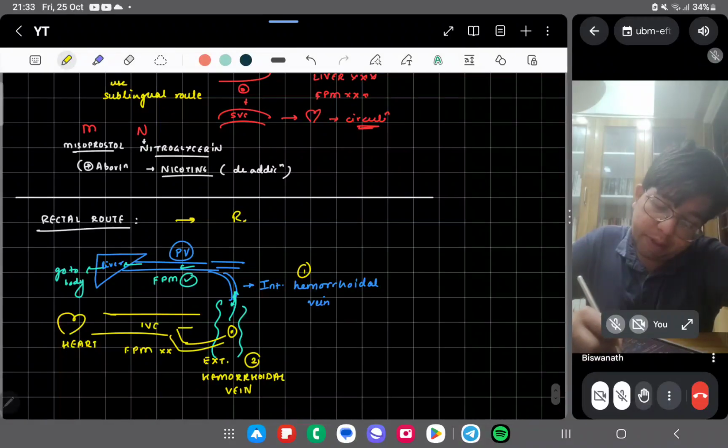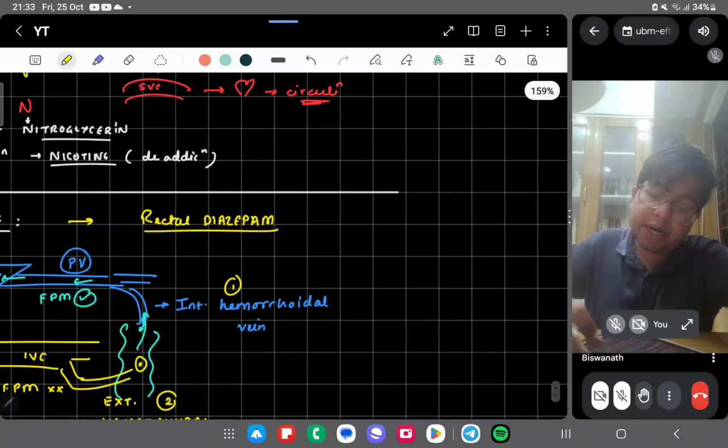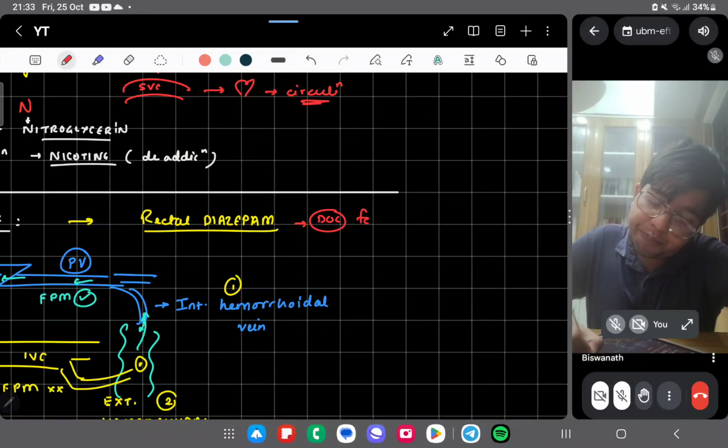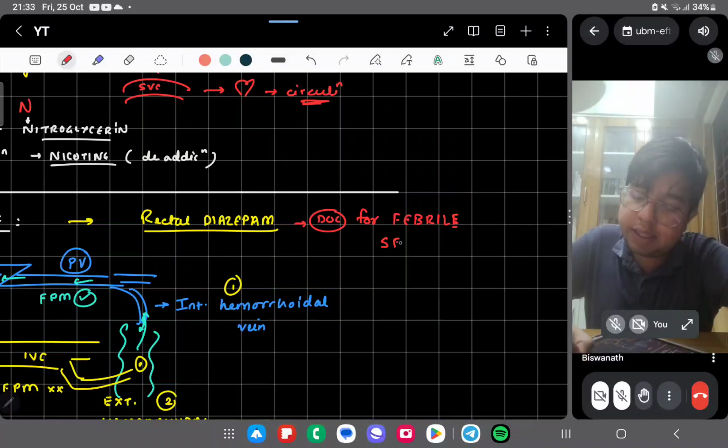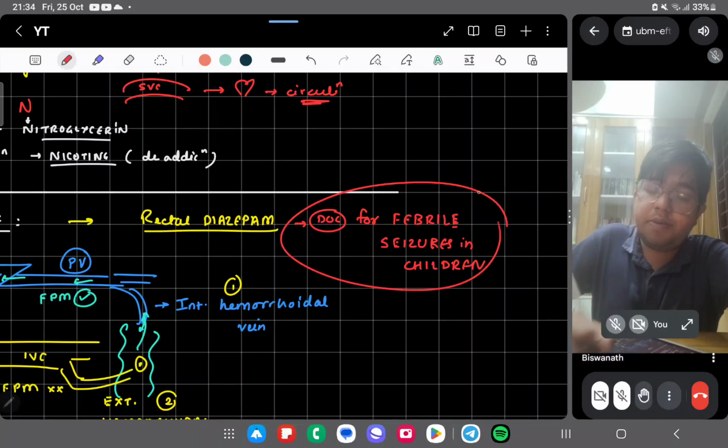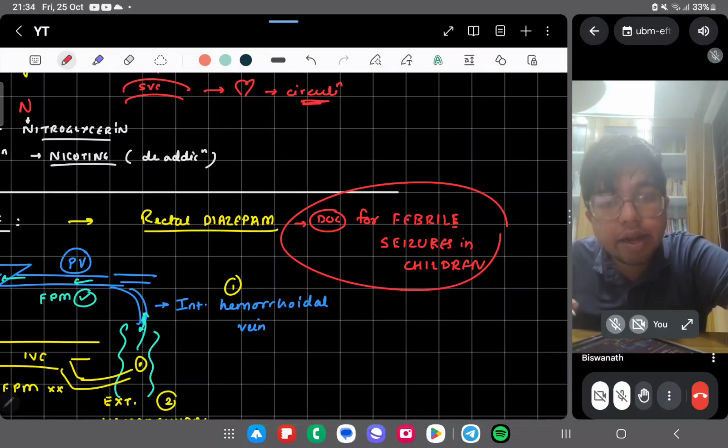Just two examples. One is rectal diazepam. Rectal diazepam is the drug of choice for febrile seizures in children, right?